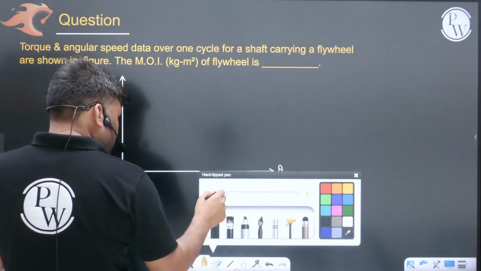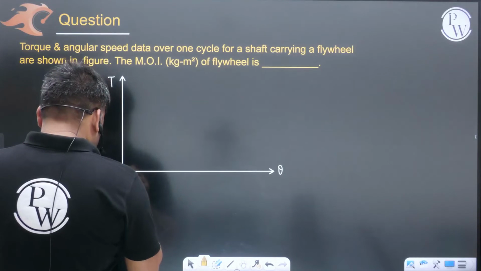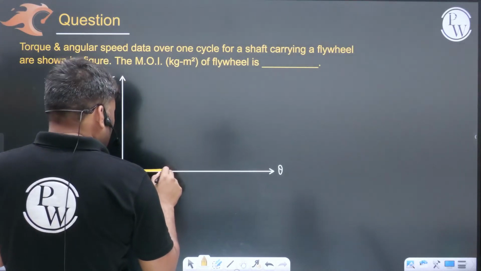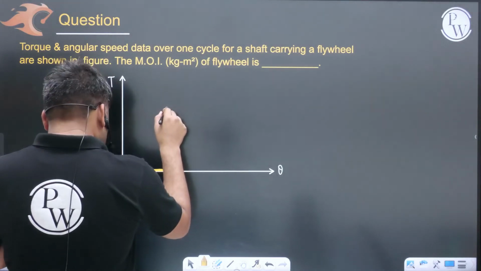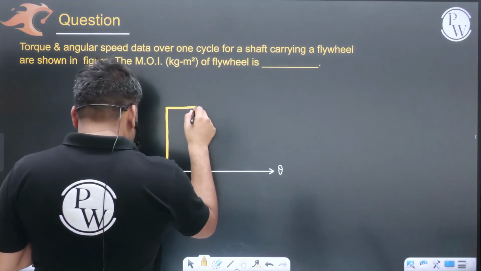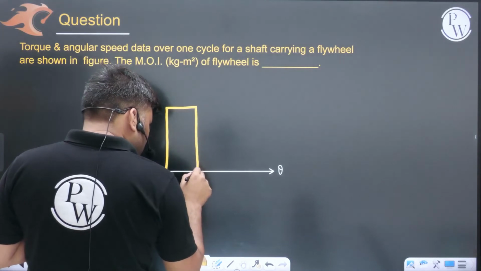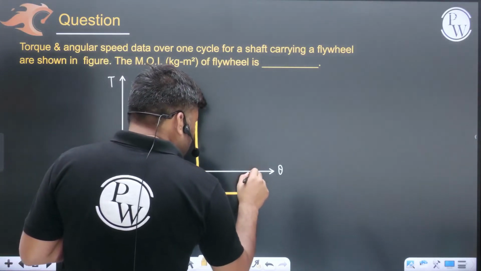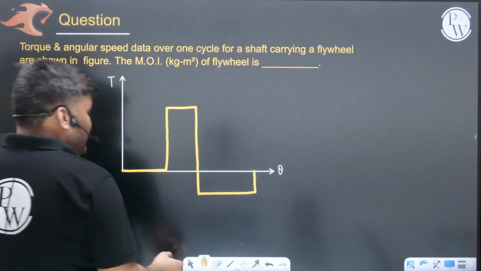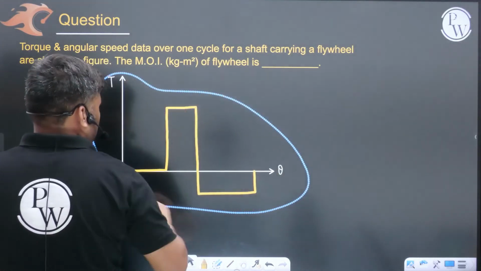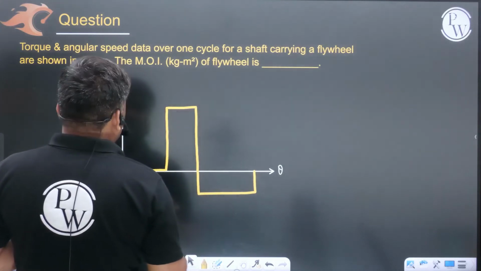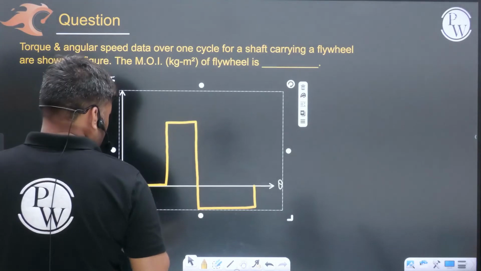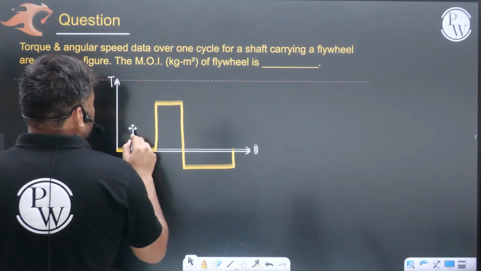They are saying up to certain time, torque developed by the engine is almost zero. All of a sudden, it increases, remains constant for some time, again decreases to some negative value, remains constant for some time, and again reduces to zero. This is how torque is going to vary, beta.